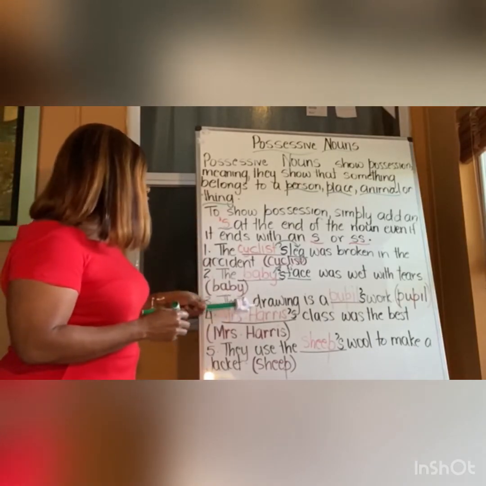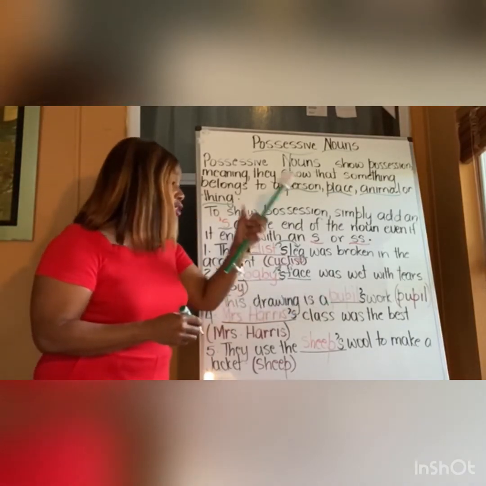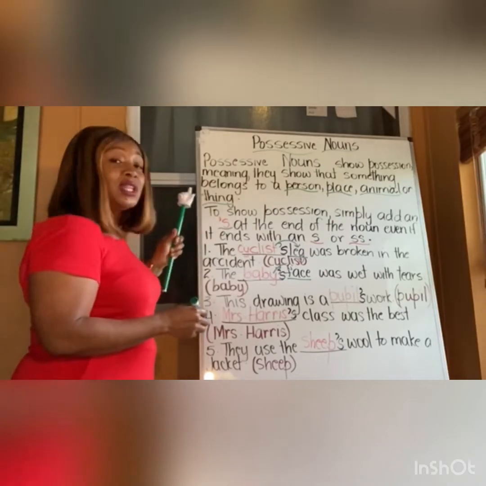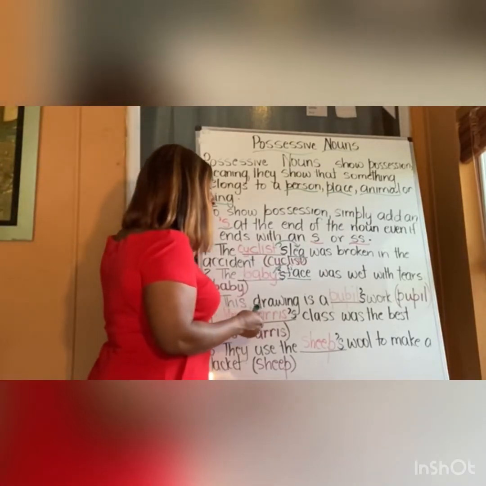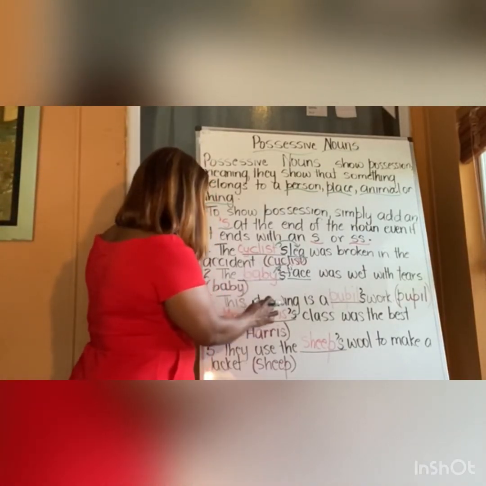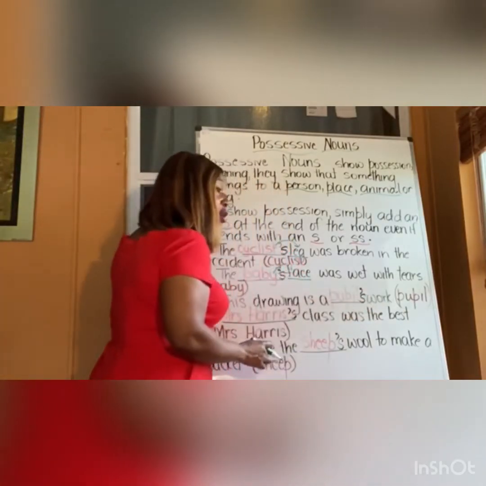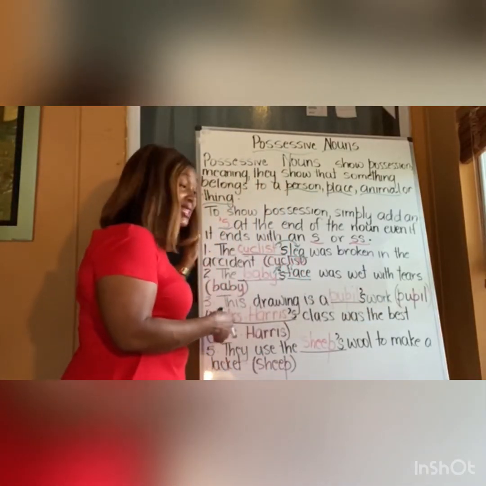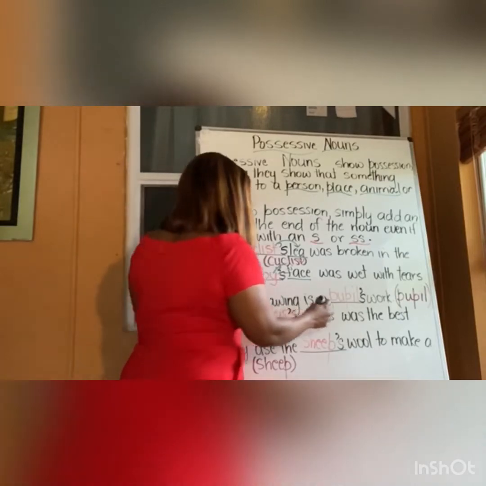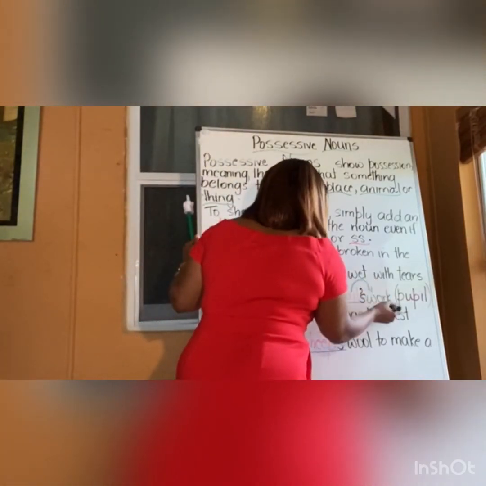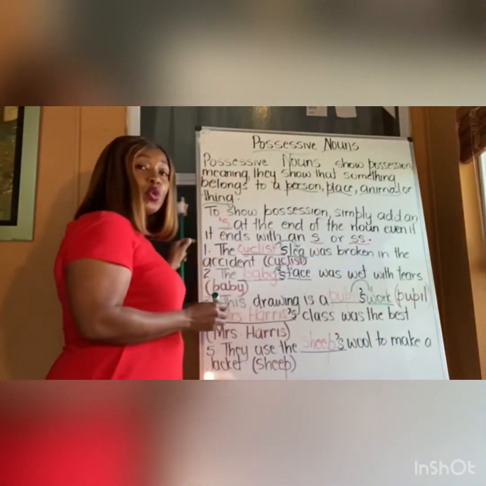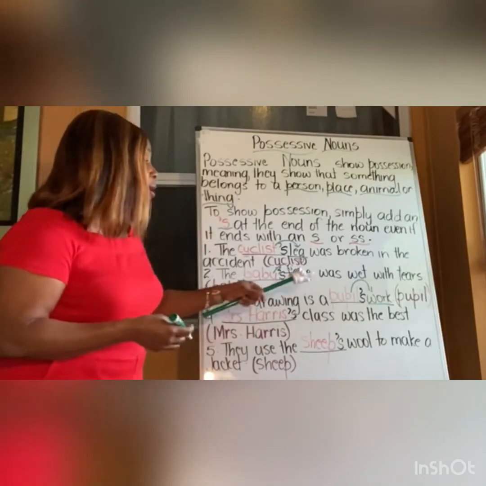Next, the drawing is a pupil's work. What belongs to the pupil? It's the drawing, but it is his work. So what is the work that he did? It's a drawing, but it's the pupil's work. The work belongs to the pupil.